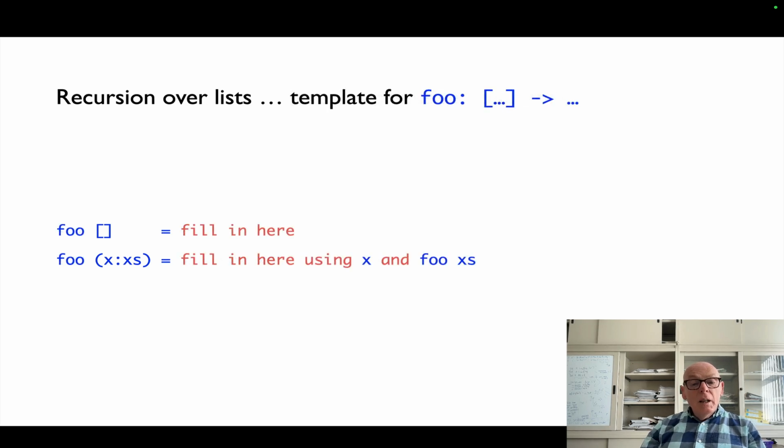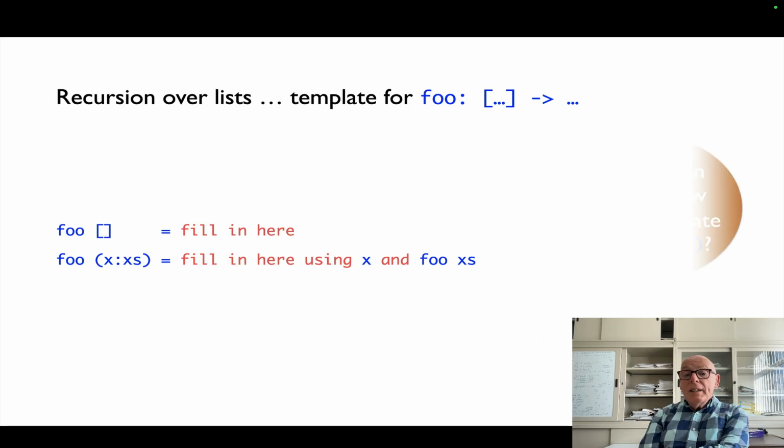And so this is the form of the template for a function defined over lists, that foo of the empty list is something, and foo of x cons x's, foo of a list whose head is x and whose tail is x's, we define from x and foo of x's.